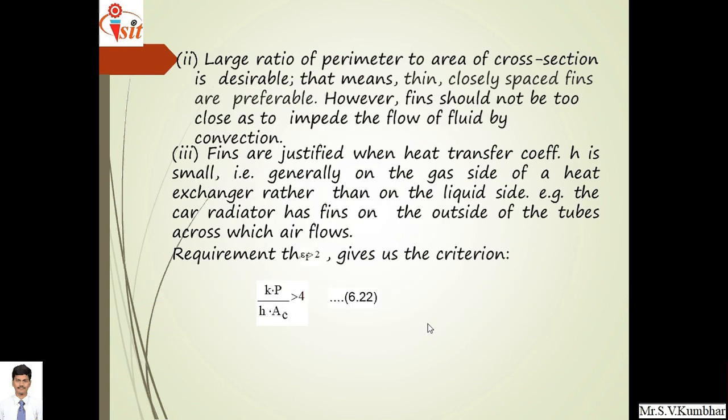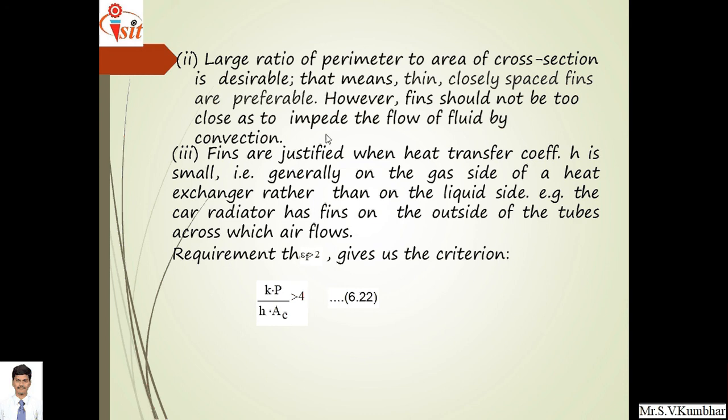Second, a large ratio of perimeter to cross sectional area is desirable. That means thin, closely spaced fins are preferred. That's why in a radiator generally we prefer thin as well as closely spaced fins. However, fins should not be too close to each other because there may be chances of creation of turbulence, right?